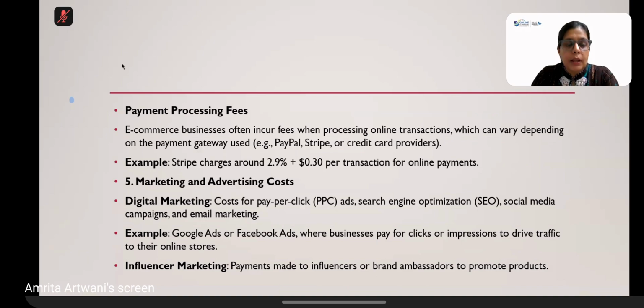Payment processing fees, like e-commerce business often incurs fees when processing online transactions, which can vary depending upon the payment gateway you are using. Okay, so payment gateway is what, as we just discussed, you come into contract or you hire a third party that will deal in payments for you.